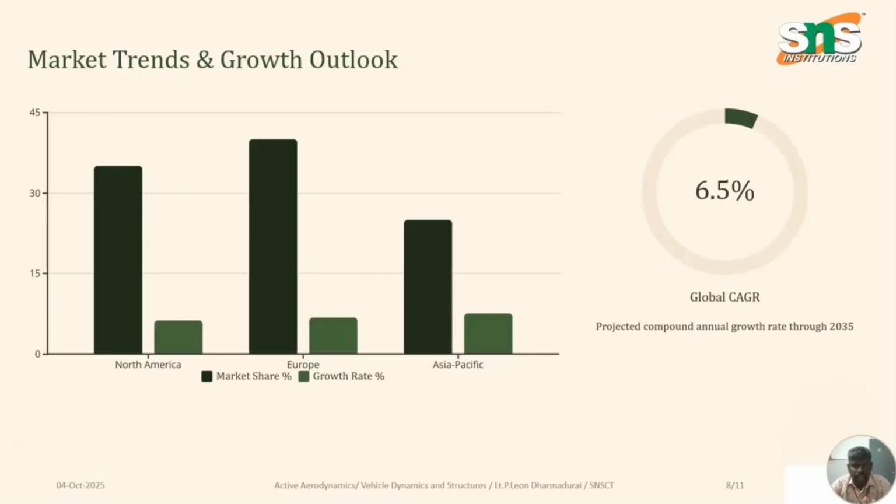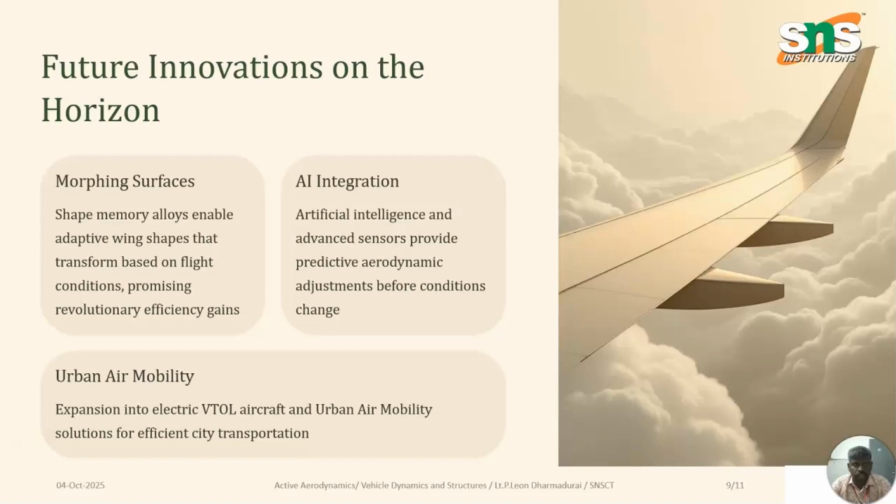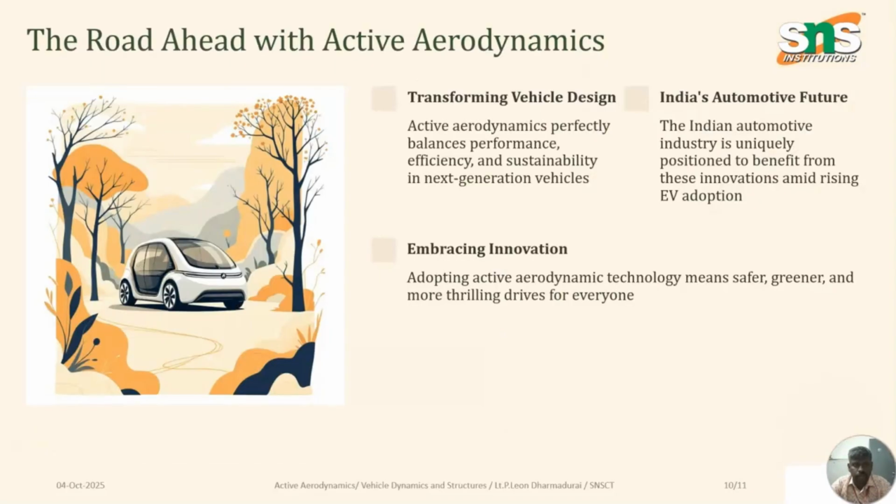This is the chart of various countries showing their market trends and growth outlook in active aerodynamics. The future of active aerodynamics includes morphing surfaces, AI integration, and urban air mobility. This mostly deals with aircraft, and some of it can also be used in automobiles.